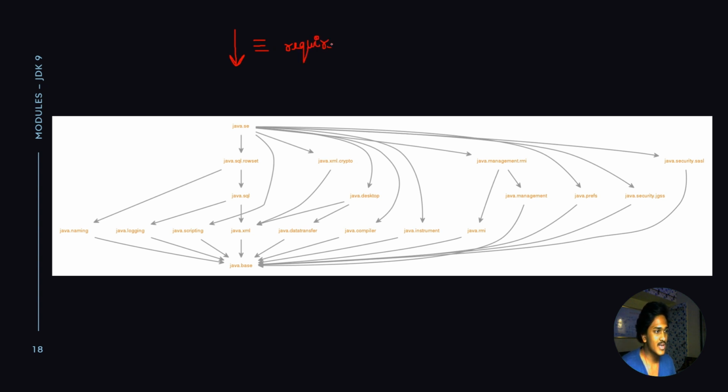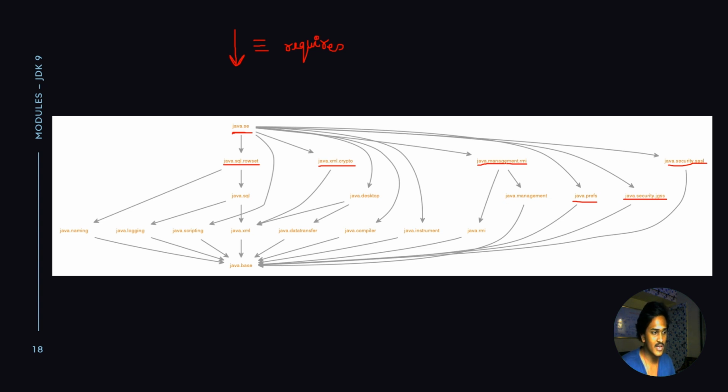So starting at the very top, we have Java SE, which requires Java SQL rowset, XML crypto, Java management RMI, Java security JGSS, Java preferences, and Java management RMI requires Java management and Java RMI, which is remote method invocation. We'll talk about this in some other video.